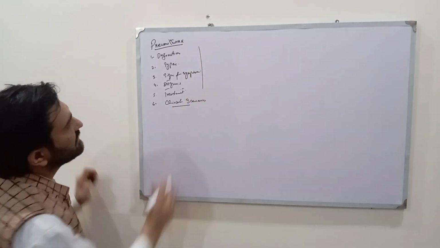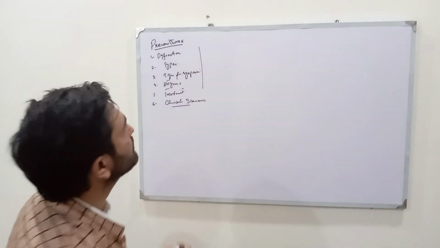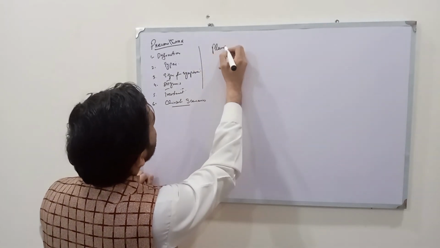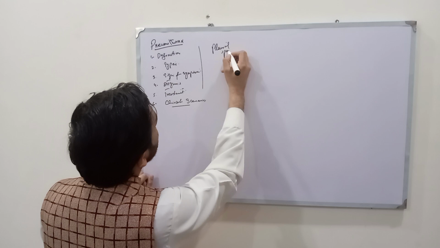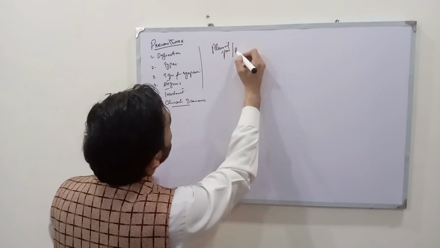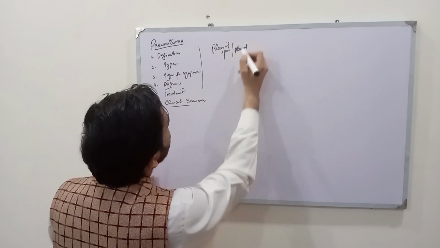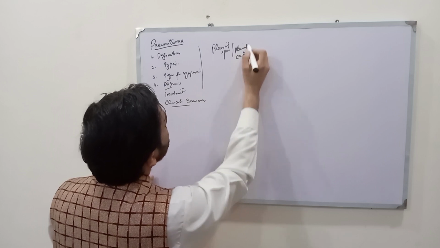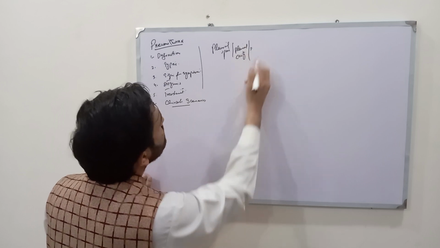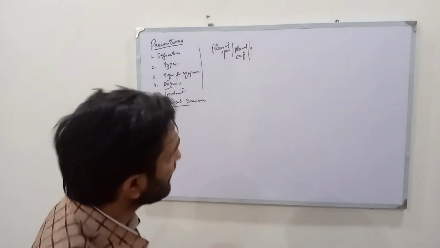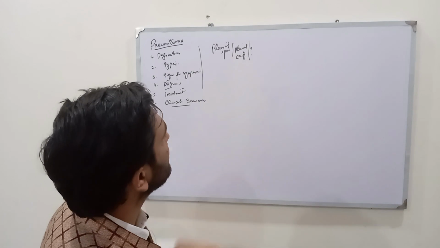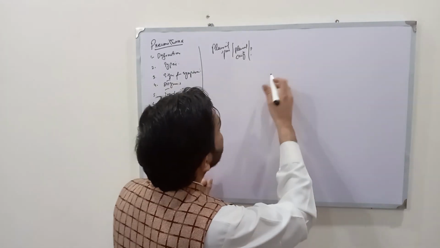But before all this discussion, I want you to know about what the pleural space or pleural cavity is. For understanding the pleural space or pleural cavity, I am making a functional diagram.